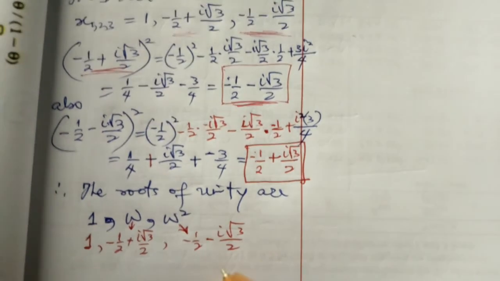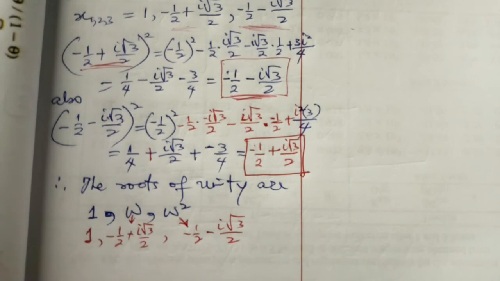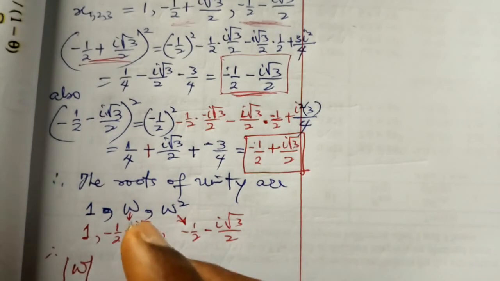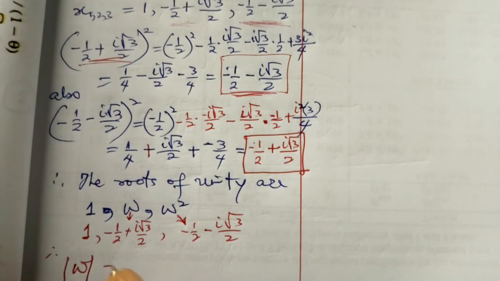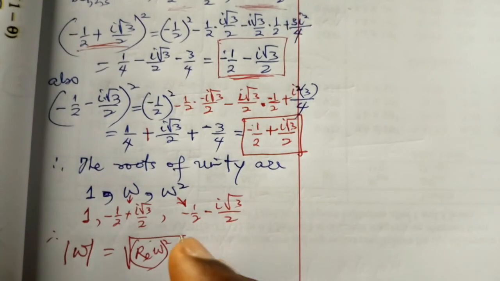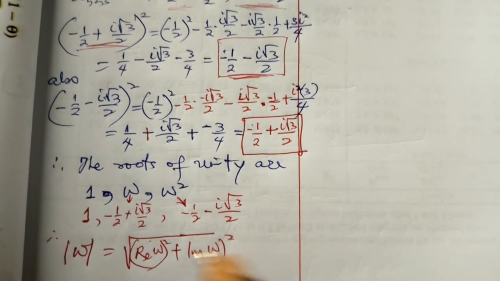So from here we can easily find the magnitude. The magnitude of this w equals the square root of the real part squared plus the imaginary part squared.